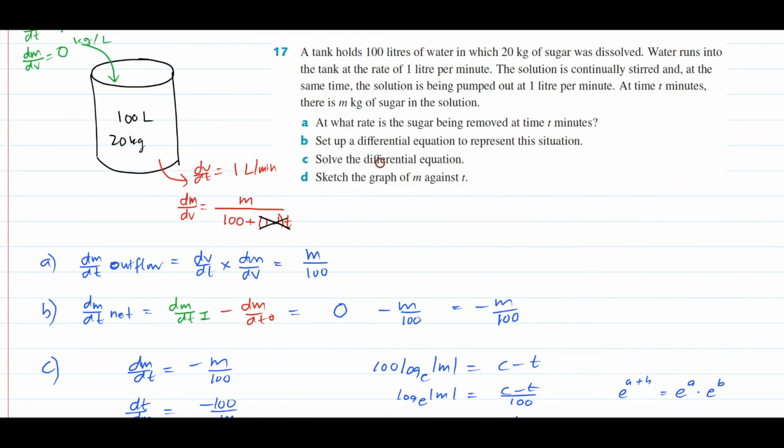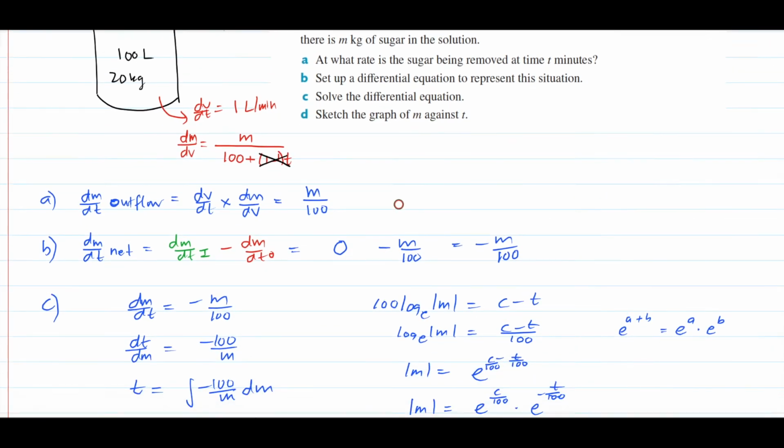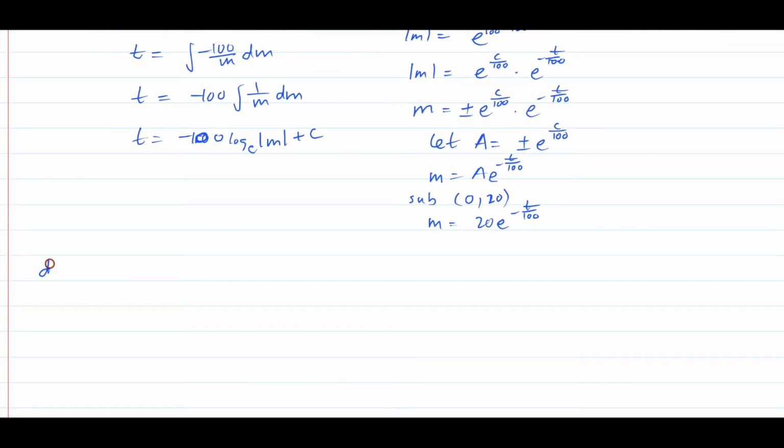And then part D should be pretty straightforward. Sketch the graph of m against t, so the mass against the time. Well, we know from hopefully years of experience in doing VCE Methods and Spec that if you want to sketch an exponential with a negative power, the shape should look like this right here. So that's a reflection upon your y-axis.